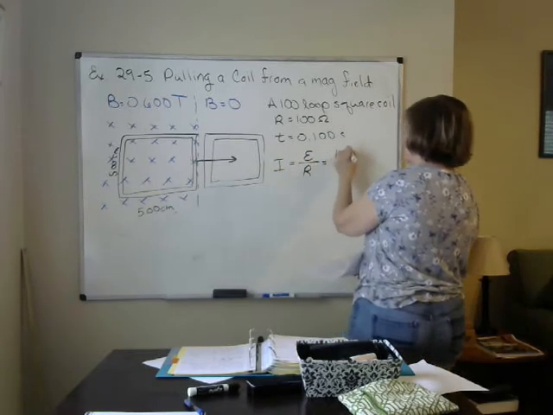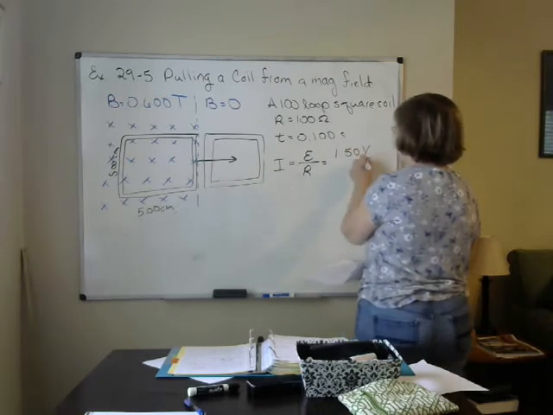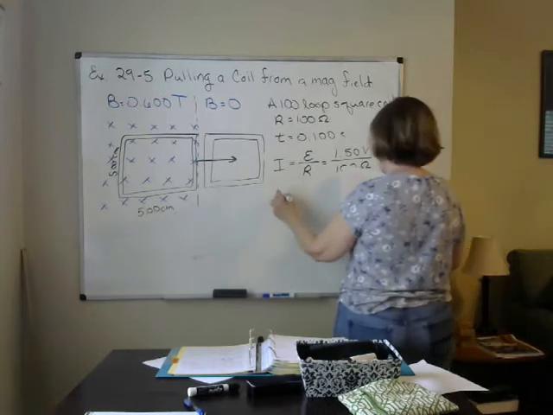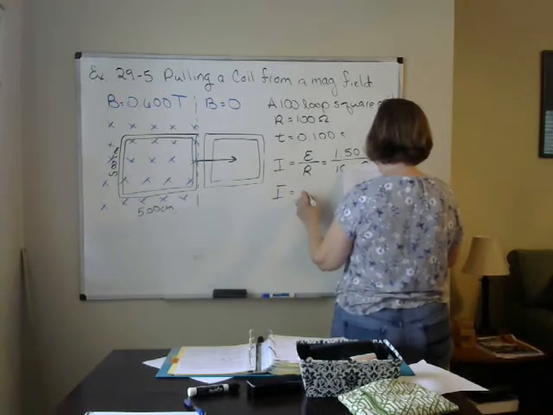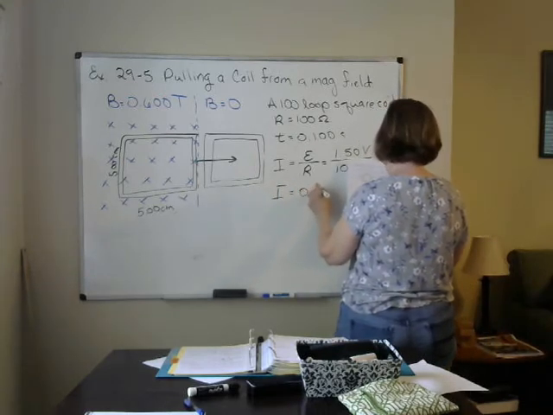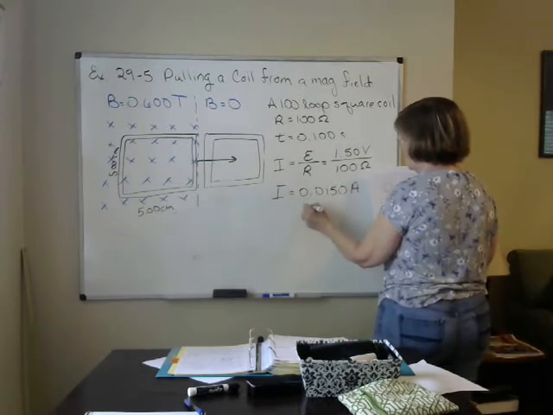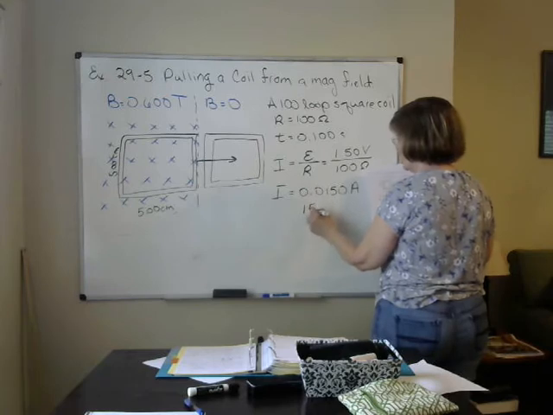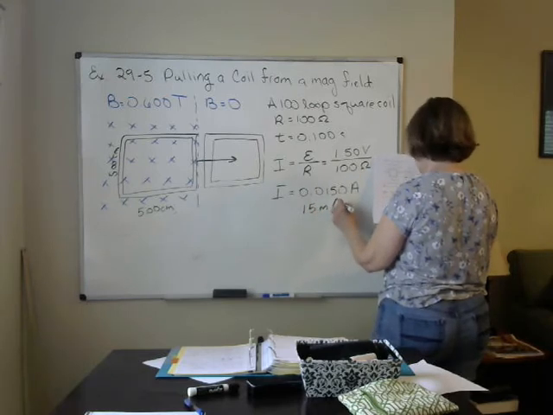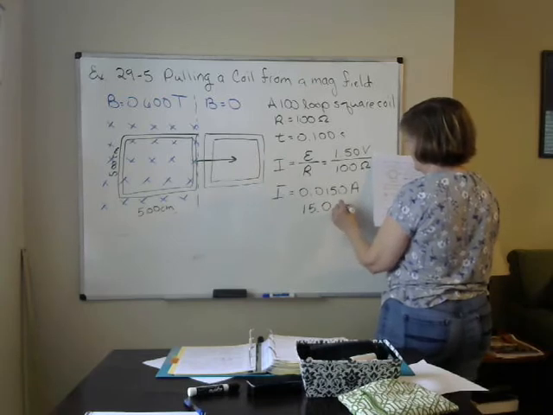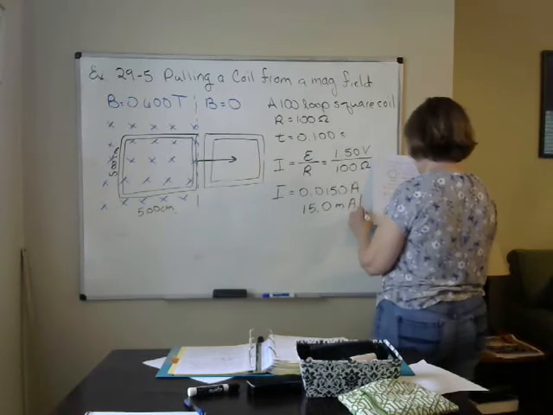So 1.50 volts over 100 ohms. And that comes out to be 0.0150 amps, or if I move that 3 places, that's 15 milliamps. Well, I want 3 digits, so 15.0 milliamps.